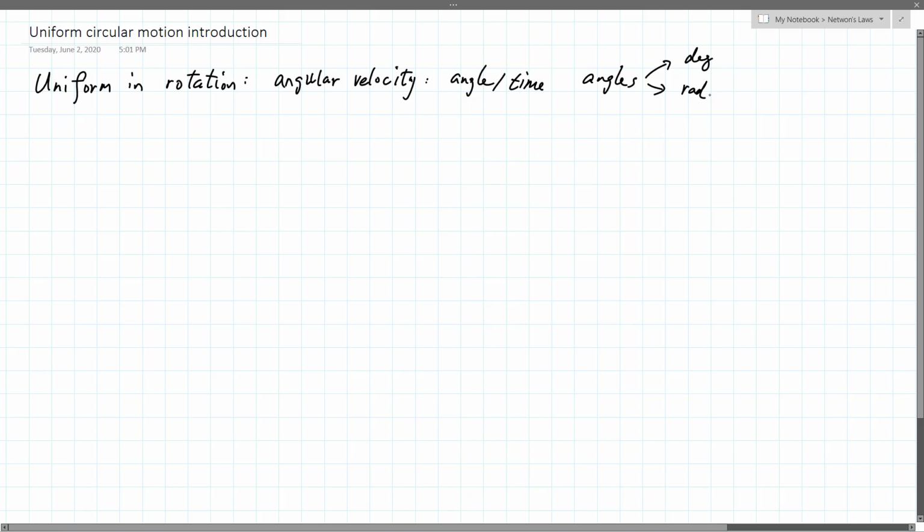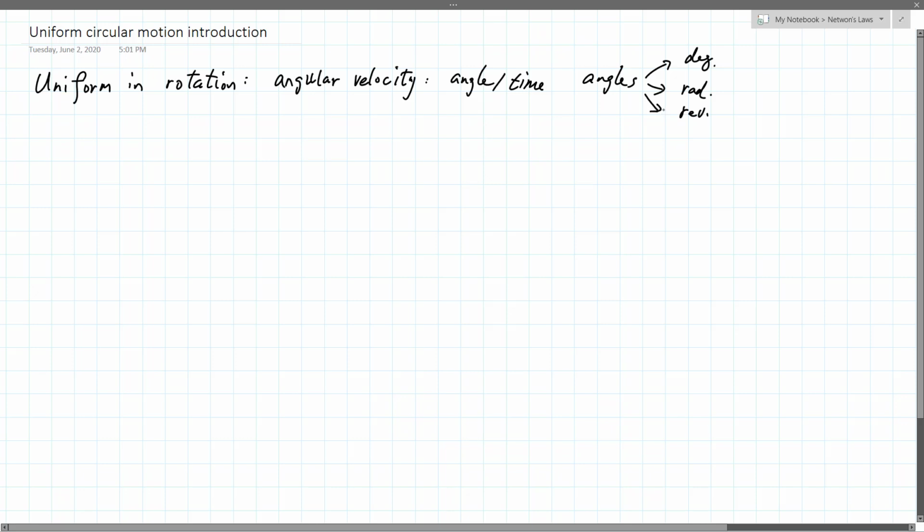radians, or any other angle measure, such as gradians. There's also revolution, which could describe the whole circle. So let's list the revolution. You can say revolutions per minute, RPM. That's pretty typical for rotating objects such as an engine.